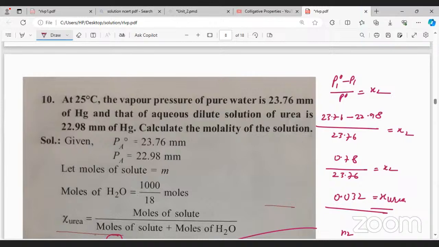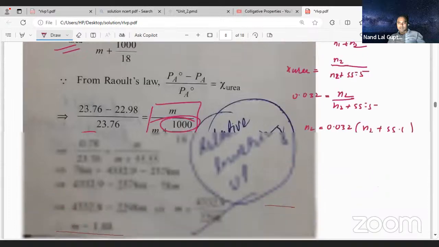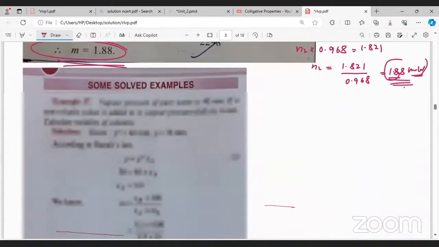One second. Done. All done or is anything missing here? Nothing is missing.